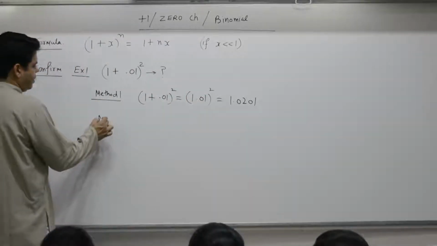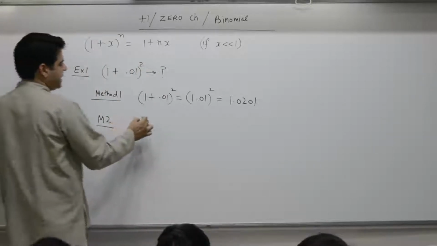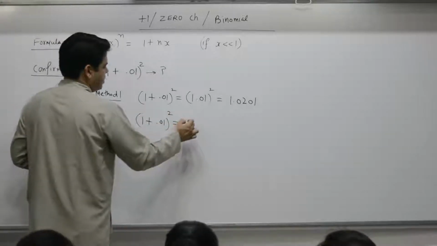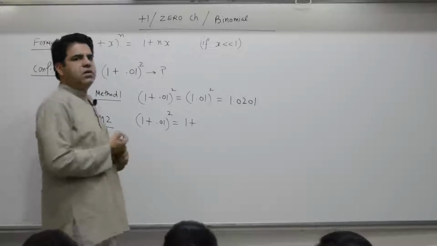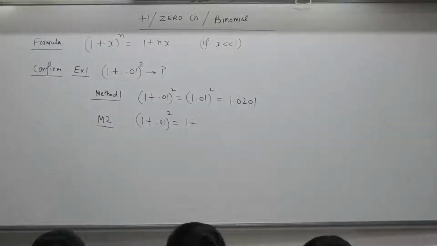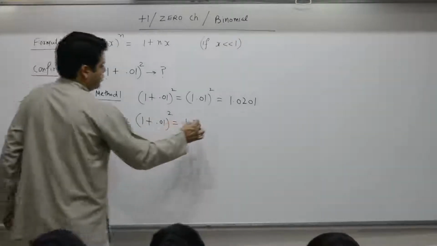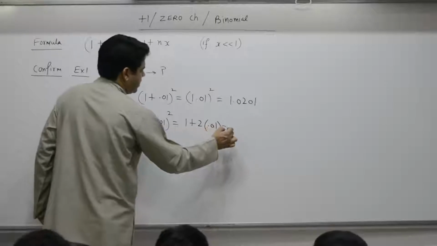Method 2, binomial. As per binomial theorem, 1 plus x power 2 is equal to 1 plus 2 into 0.01.